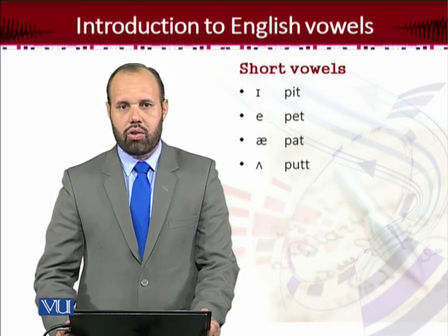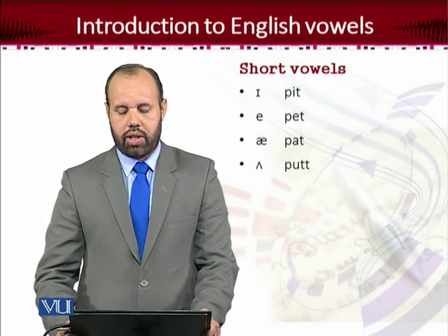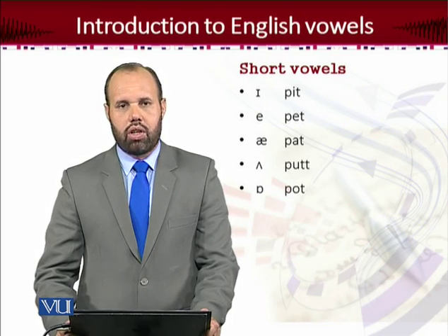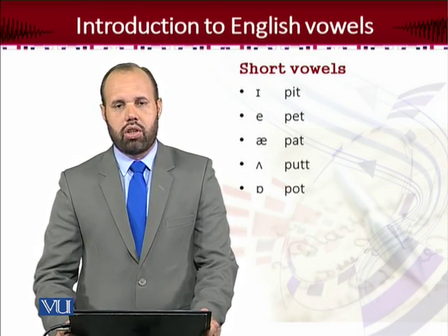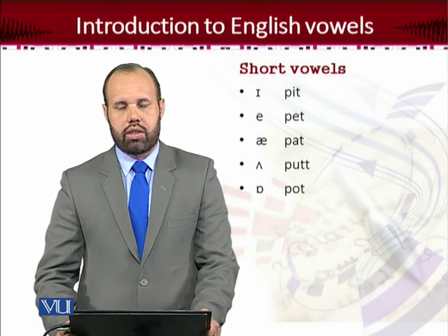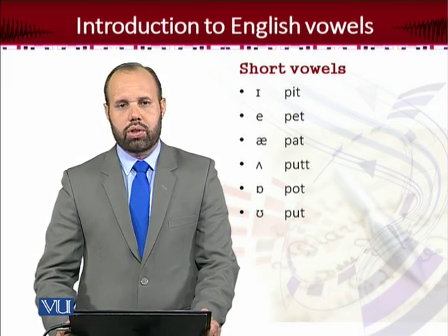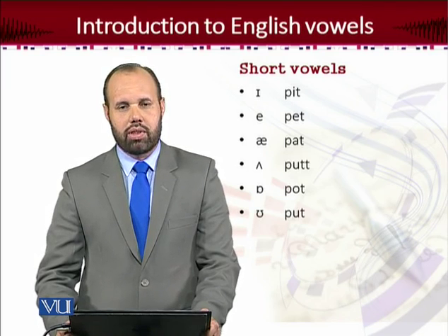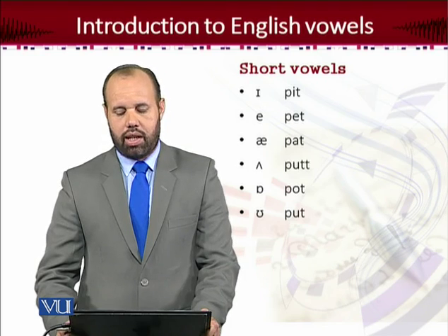Then a sound like in cut. Then we have o sound like pot, like got or sought. Then we have the sound in words like put or could or should. So this is a short vowel.